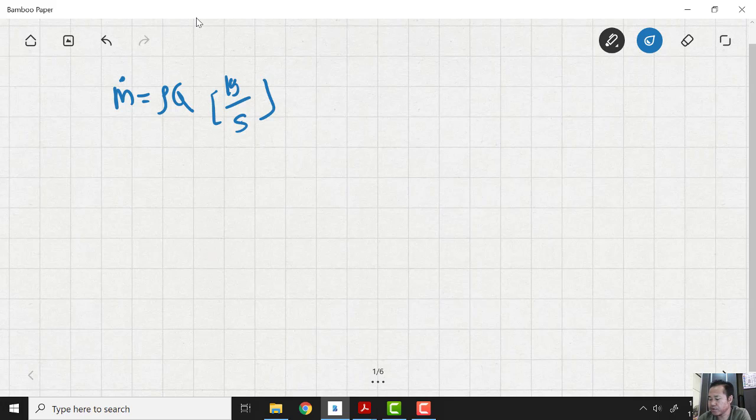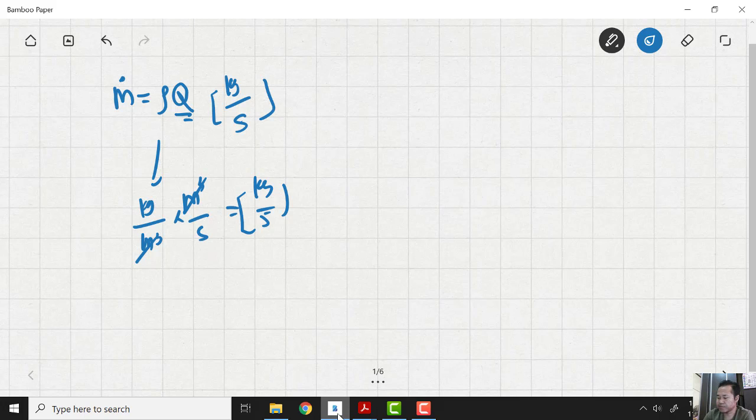Now we know the unit for the density is kilogram over meter cubed, and the unit for the volume flow rate Q is meter cubed over second. So we can cancel out the volume, and we get kilogram over second, which is true. m dot is equal to rho times Q, in kilogram over second. This is the mass flow rate.